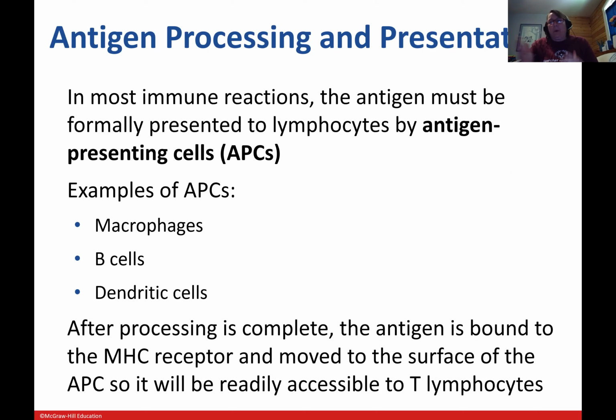It's more of a Swiss Army knife kind of cell, but one of the things it does is antigen presentation. B cells also have the ability to do that to some degree, although that's certainly not their major function. Their major function is the production of antibodies. After processing is complete, the antigen is bound to the MHC receptor and moved to the surface of the cell, so it's readily accessible to the T lymphocytes, and that handshake can occur.